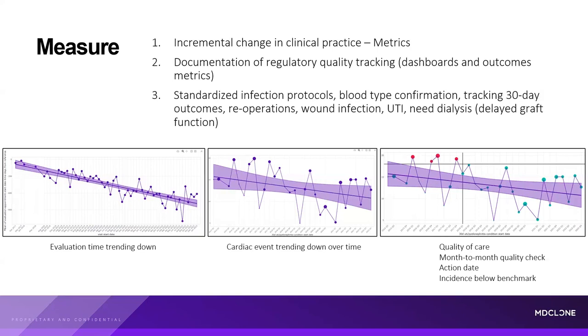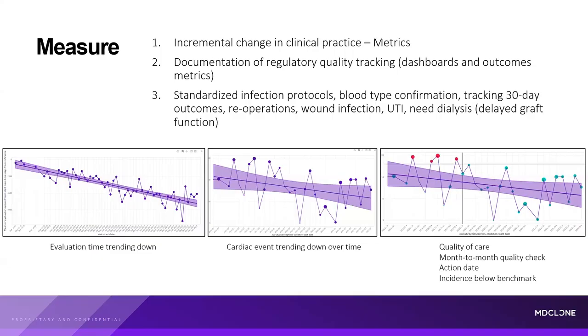The second graphic is showing that cardiac events, which is a clinical outcome, trended down over time. And then the third graphic has a horizontal line, and that's showing before the intervention took place versus after the intervention took place.